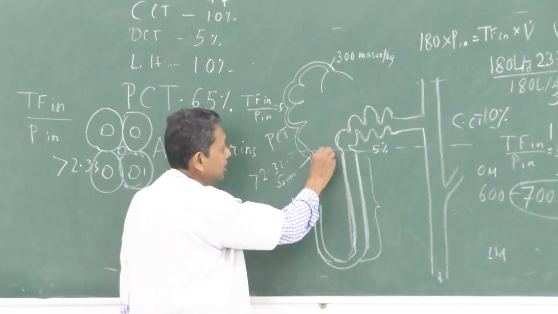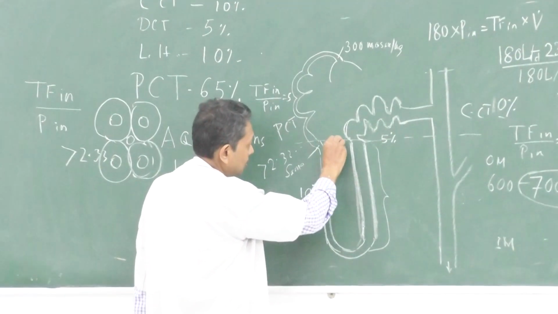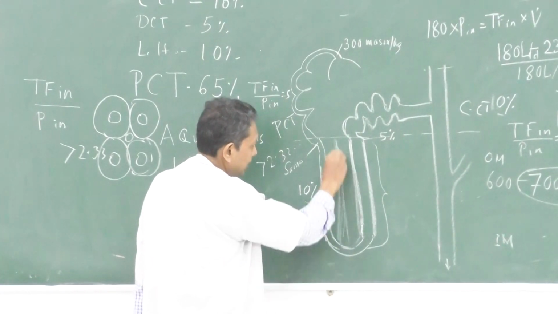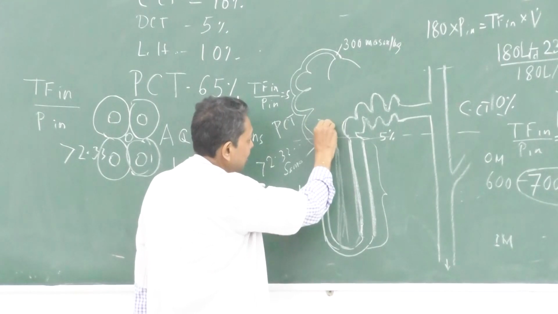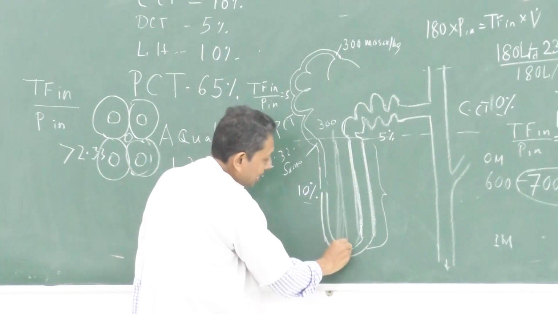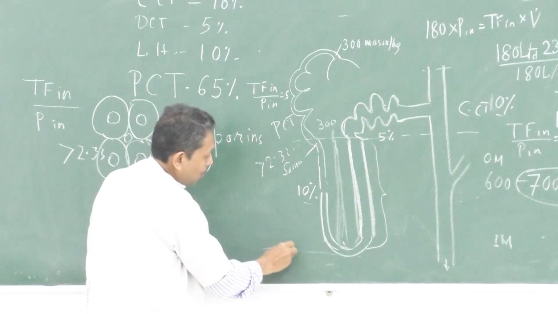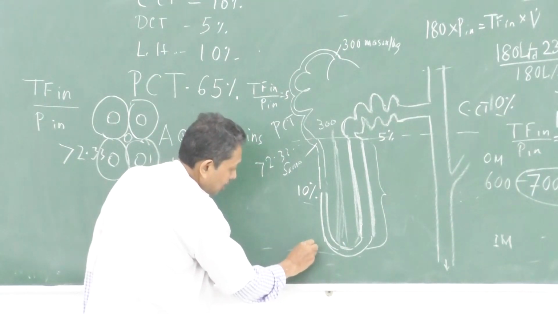And there is an osmotic gradient that goes on increasing. In the case of cortical nephrons, that is 600.